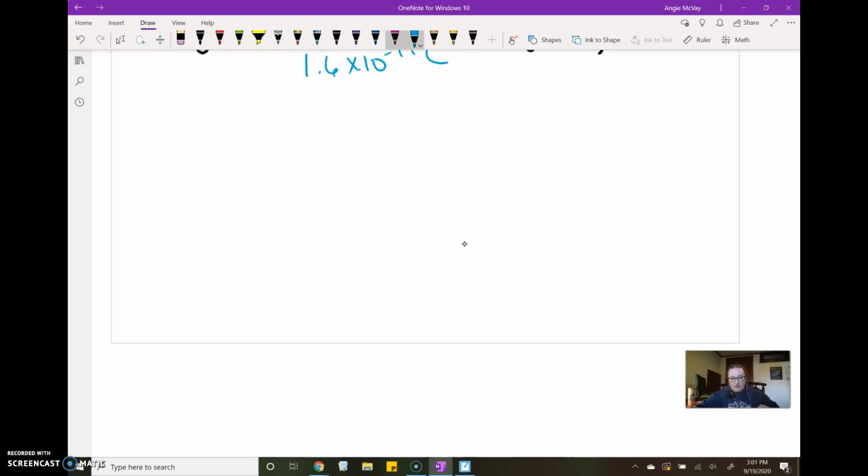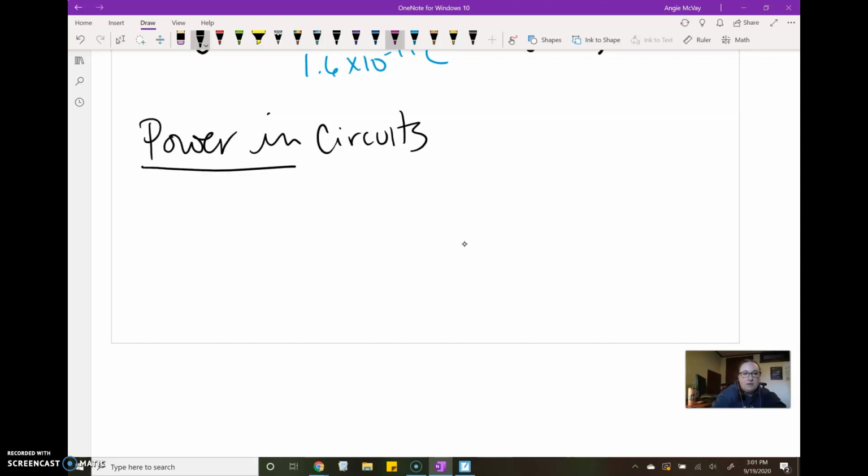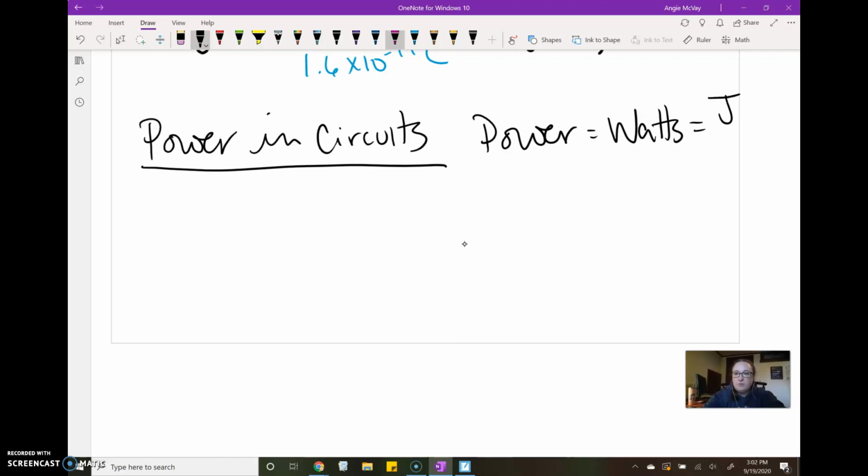Now I've got one more thing that I want to talk about, and that is power in circuits. Just like if we're talking about energy use, power is in watts, which is a joule per second.